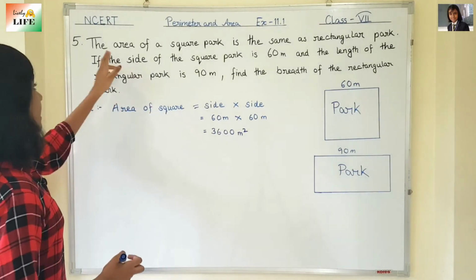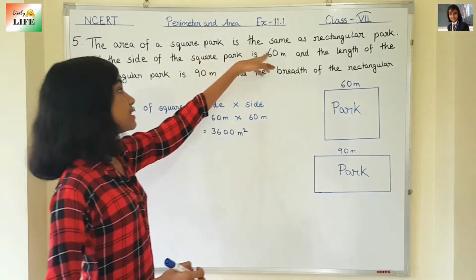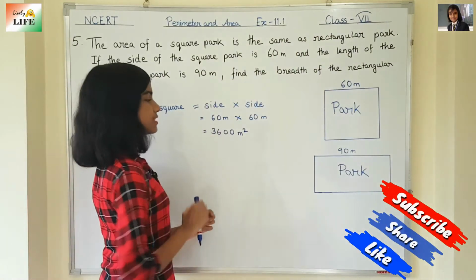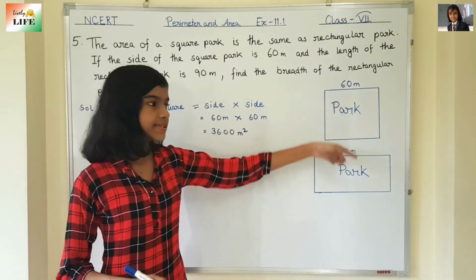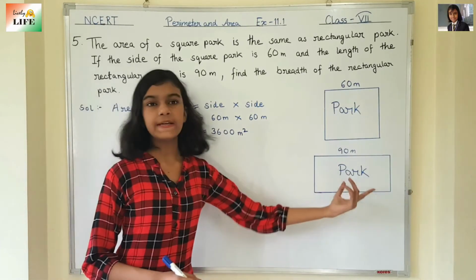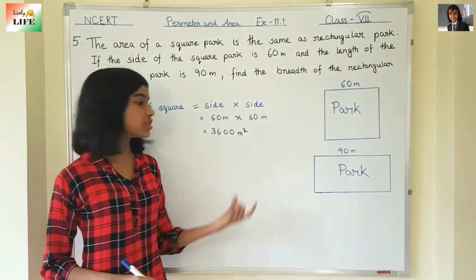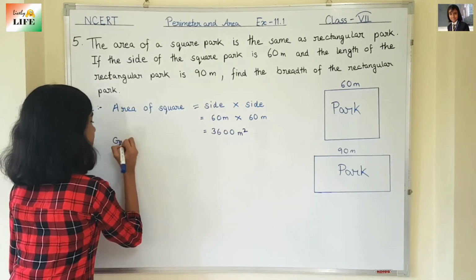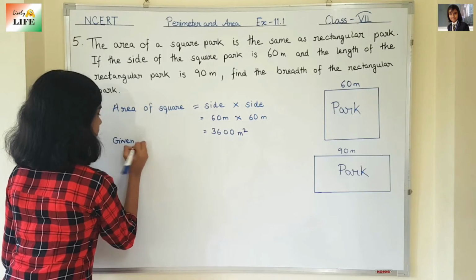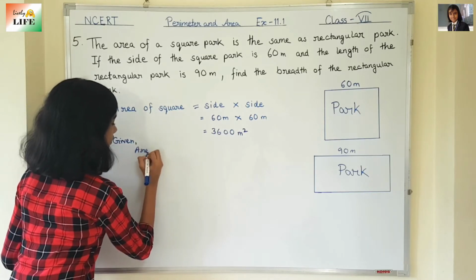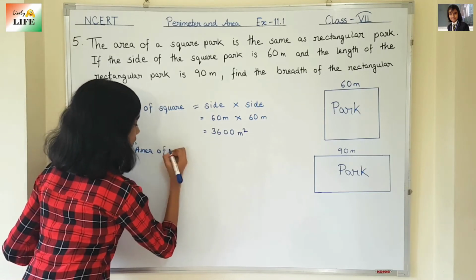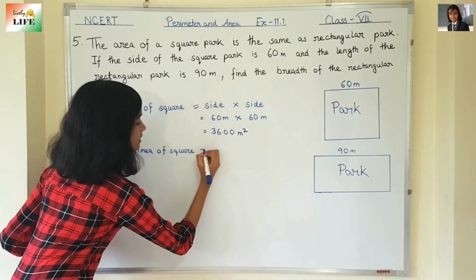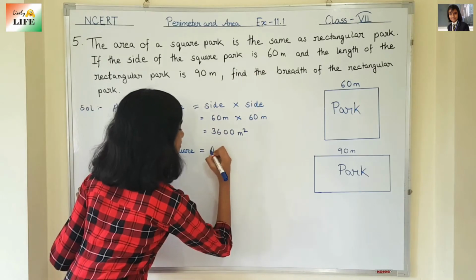Here it is telling the area of the square park is the same as rectangular park. So area of square is 3600 meter square and the area of square park is same as rectangular park. So the rectangular park will also be 3600 meter square. Okay. So now, given, area of square is equal to area of rectangle, right?